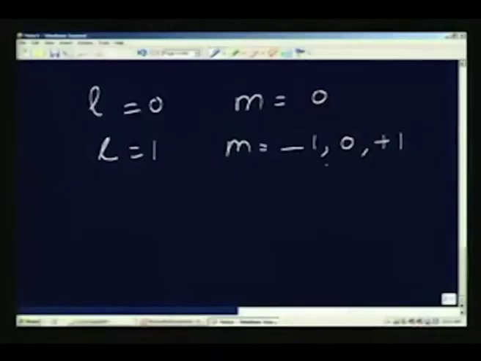The result that you studied earlier comes out of the requirement of solving the Schrodinger equation very rigorously using the mathematics as we know. Therefore, the choice of m's and l's are not arbitrary but subject to the rules that I specified just a few minutes ago.